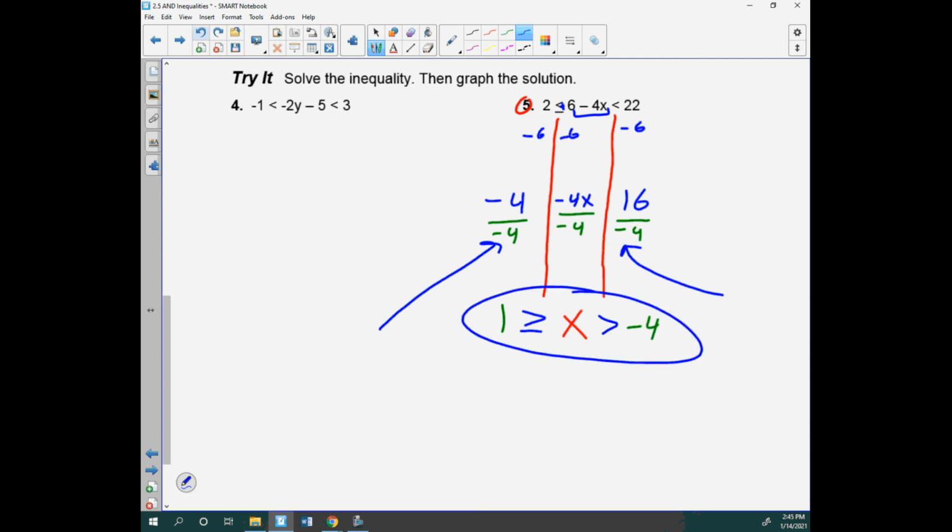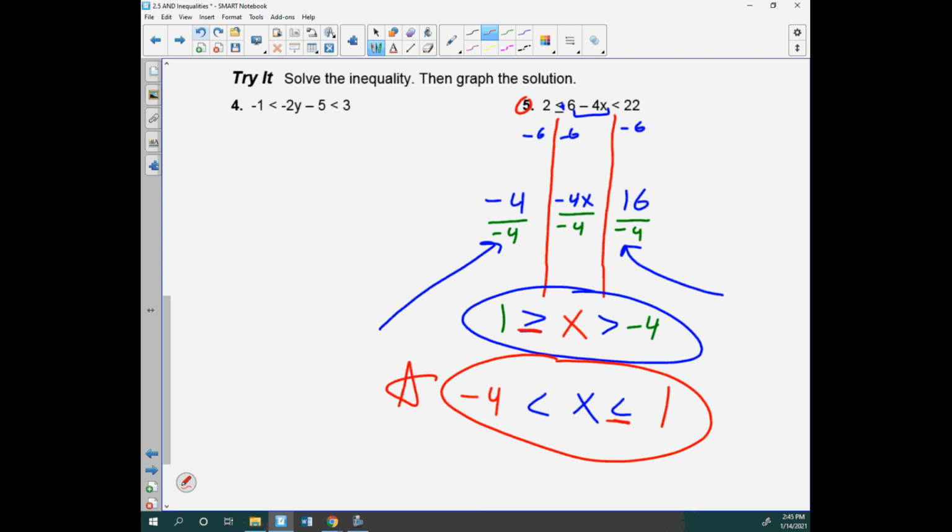Now, if you like the order on these ones, like where the small number's on that side, we'll go ahead and flip it around, right? This is saying the same thing as long as we remember our "or equal to"s and all that stuff. But both those are now the same thing, okay?